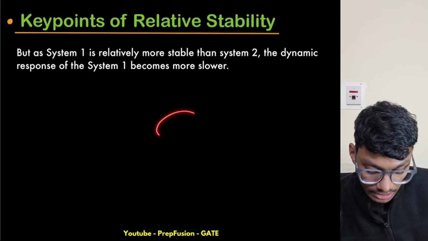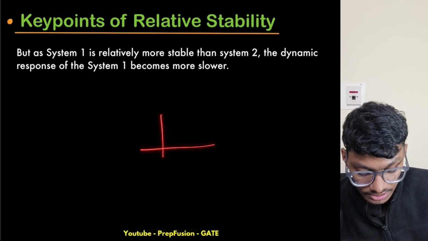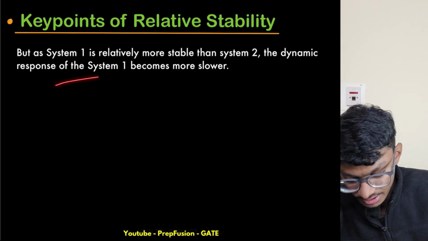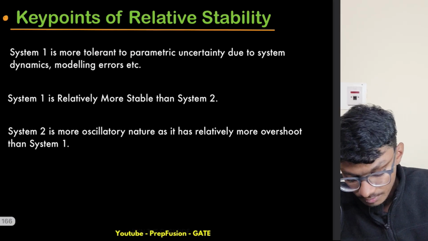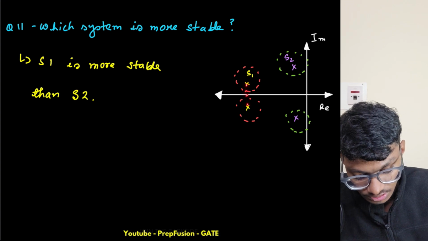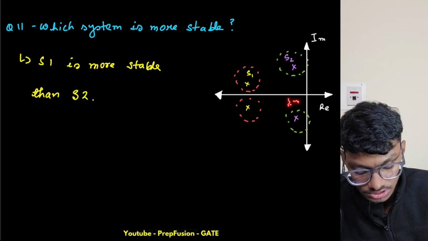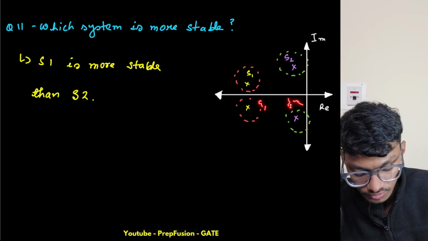So the dynamic response of system 2 is faster, but what is the thing? The settling time of system 1 is better than system 2. Why? Just a brief approximation here: the real part of system 2 is zeta 2 omega n2, and this is zeta 1 omega n1.